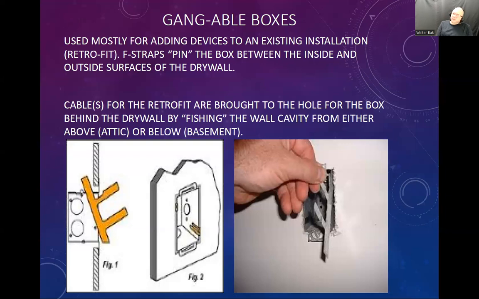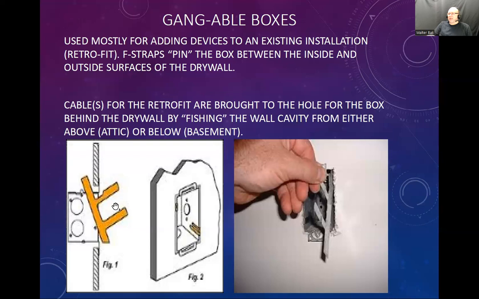Right? So here's something that I'm going to ask you to do. See this here? It's called F straps, and write it down. Sometimes they're called F clips. There is a short video on YouTube, I think about 45 seconds, that shows you how those can be installed.